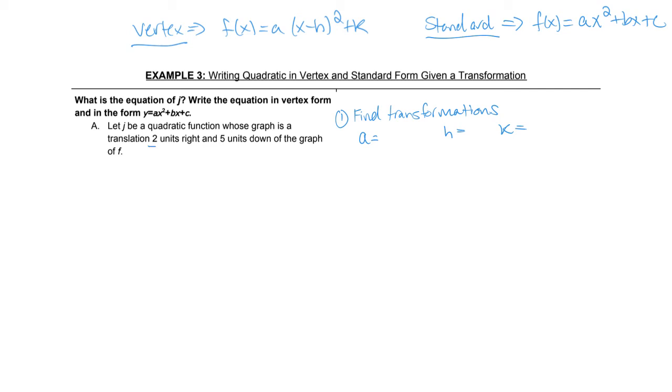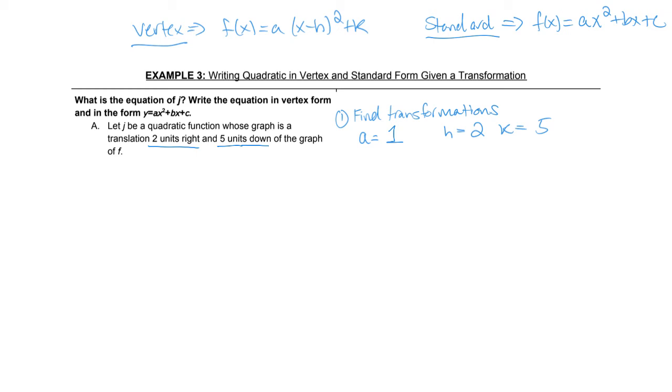This is 2 units to the right, so our h is 2. 5 units down, k is 5. Now there's nothing else, so our a just stays as 1 as a constant. There's no reflection, no vertical stretch or compression.